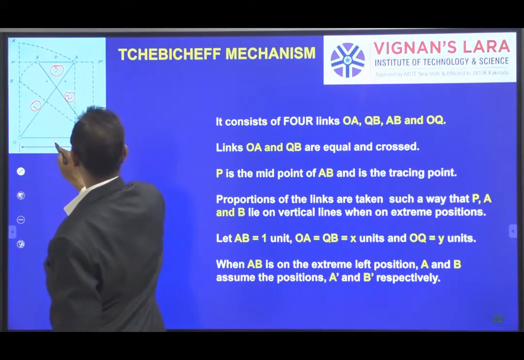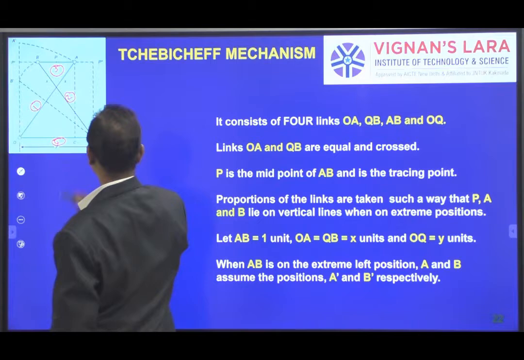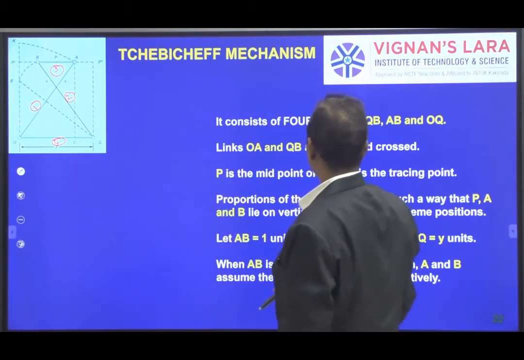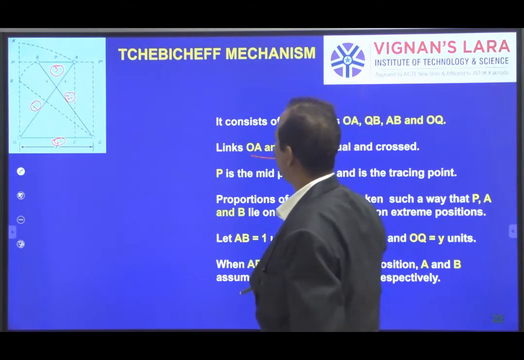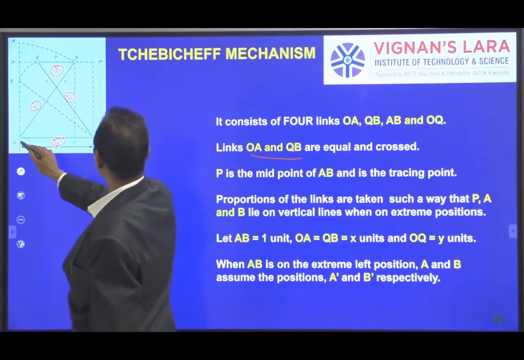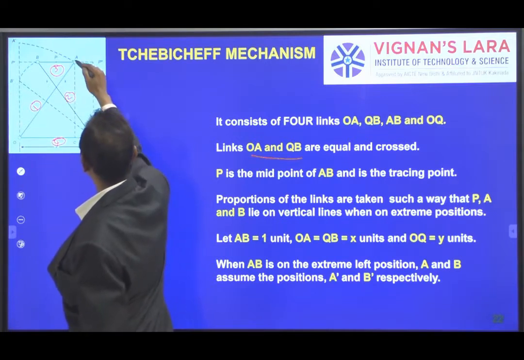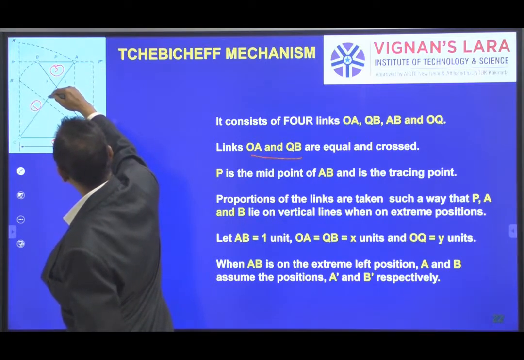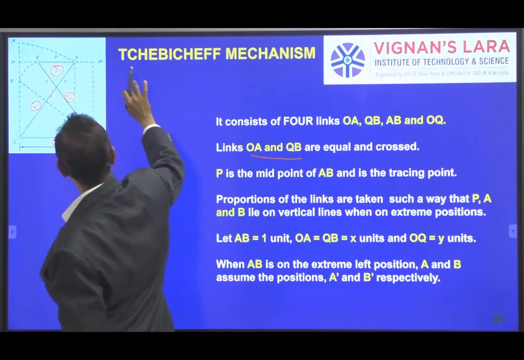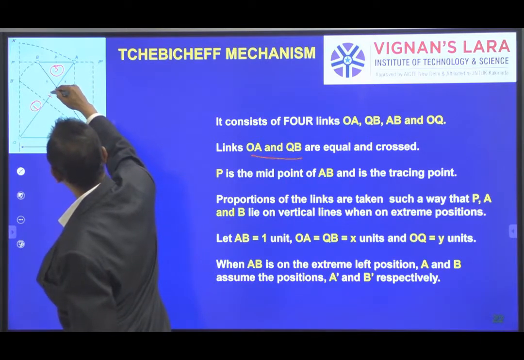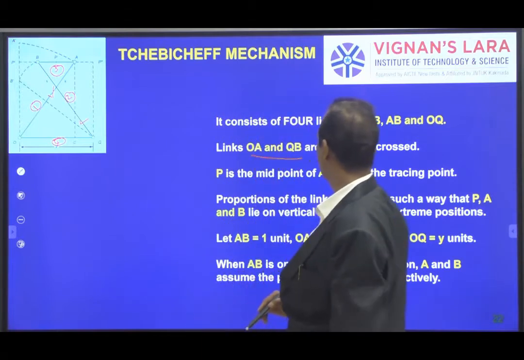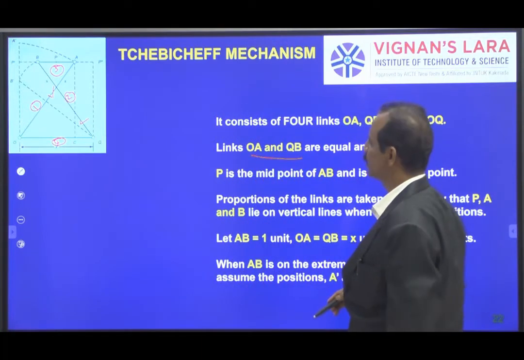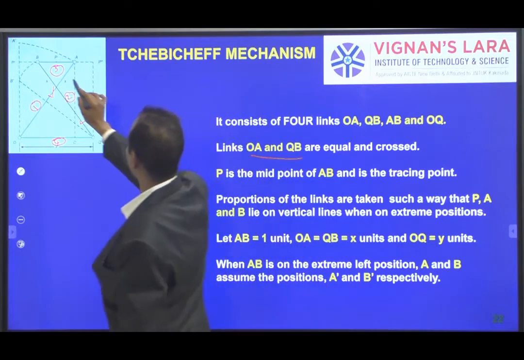OQ is a fixed link, and OA and QB are equal and crossed. OA and QB are crossed and they are equal in size.